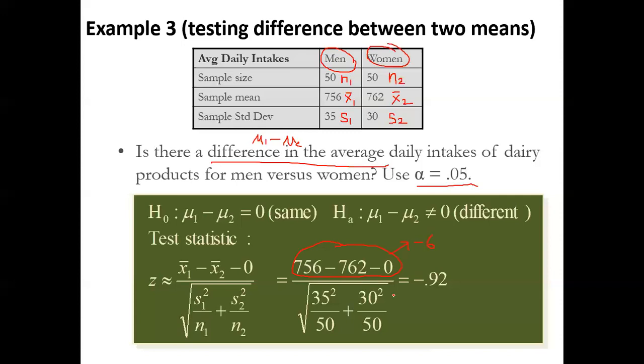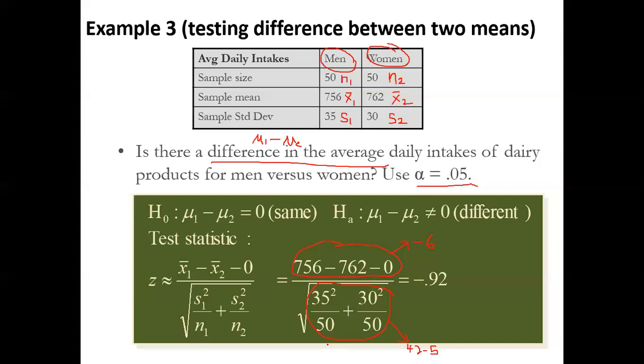The second step is you need to find the value below, without the square root. Here you will get 42.5.